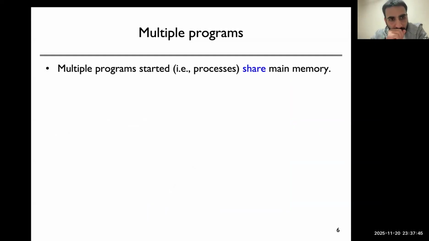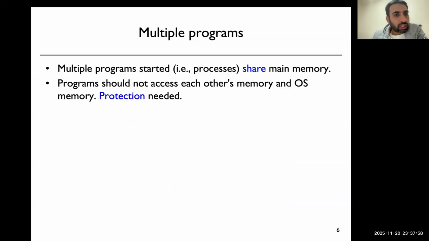As I said, if we have multiple programs started, which we can refer to as processes, it means they share the main memory. And then it should not be possible for one process to access the memory of any other process, or the memory which is assigned to the operating system.